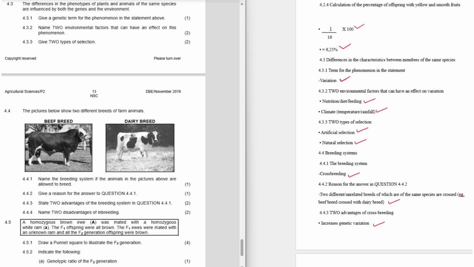4.3.3. Give two types of selection. When it comes to selection, we have two types: natural selection and artificial selection. Natural selection is where we have the survival of the fittest.